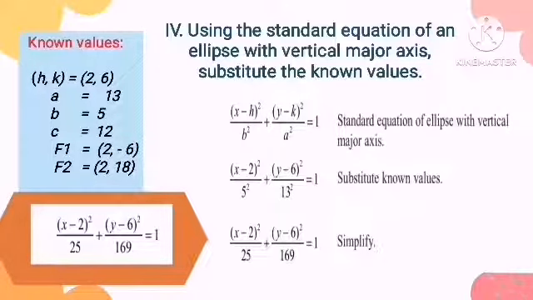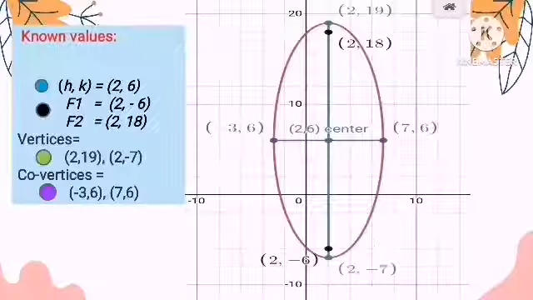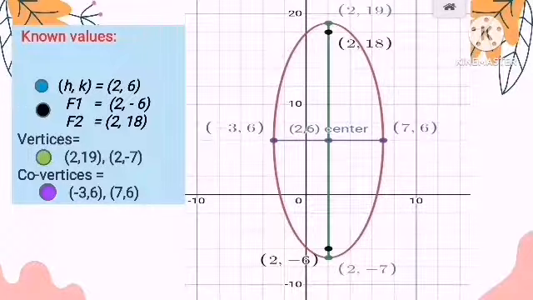And that's it. The quantity of x minus 2 squared over 25 plus the quantity of y minus 6 squared over 169 equals 1 is the standard form or the standard equation of an ellipse with vertical major axis that is not centered at the origin. And since we already know the values needed in this graph, we can graph this equation now.